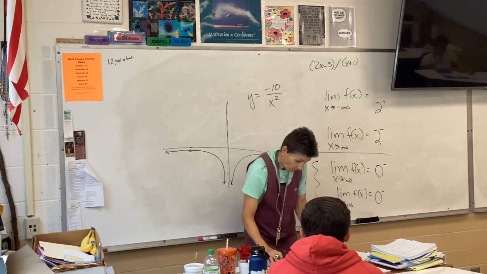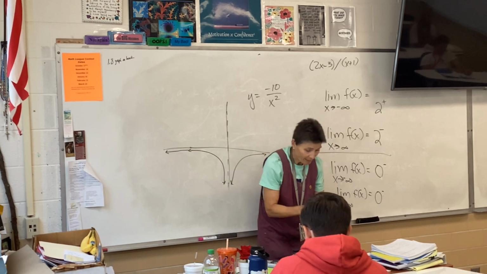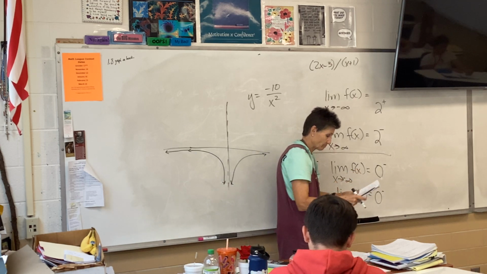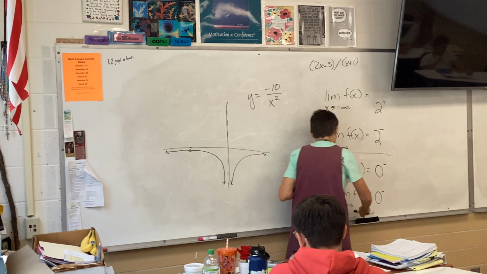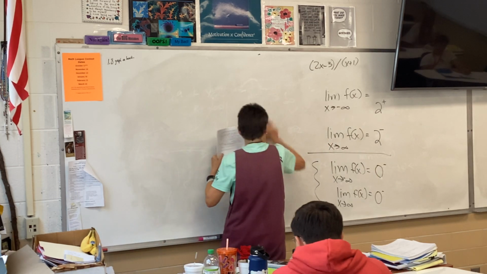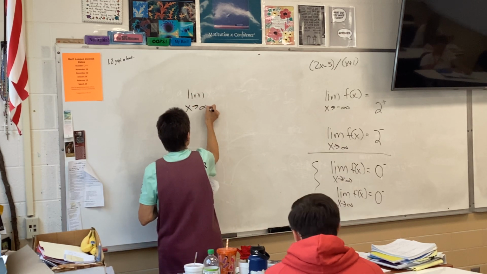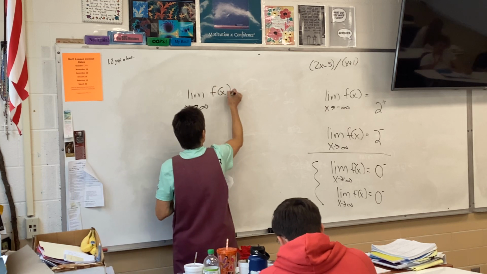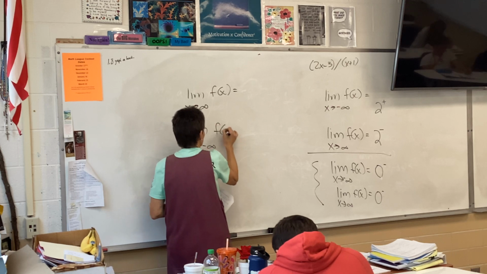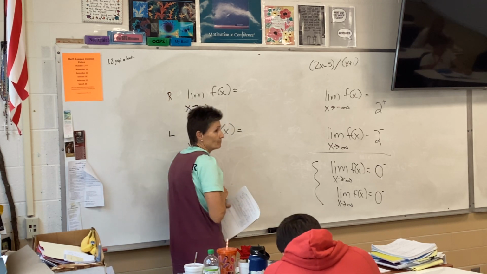All right, now I want you to go to the next page, the back of the next page. Check your understanding. Use limit notation. So the limit as X approaches infinity, and the limit as X approaches negative infinity. This one is the right side, this one is the left side.